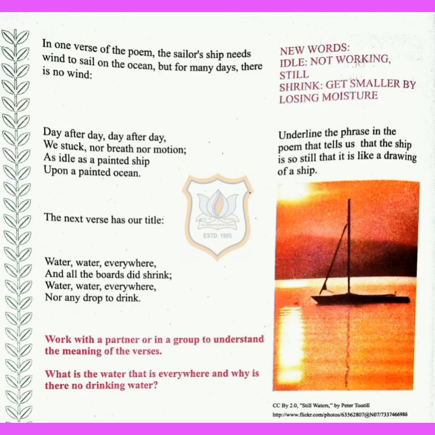So this is the verse of the poem, where the sailor's ship needs the wind to sail on the ocean. The paraphrase of the verses is: in verse 1, it is described that each day repeatedly the wind dropped and they could not move further. They stood still and had no movement. Their ship thus stood still, looking like a painted ship upon a painted ocean.